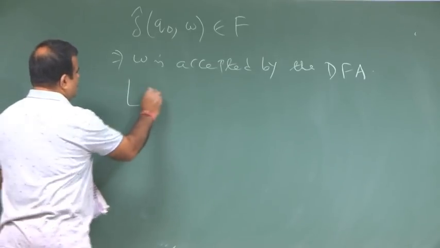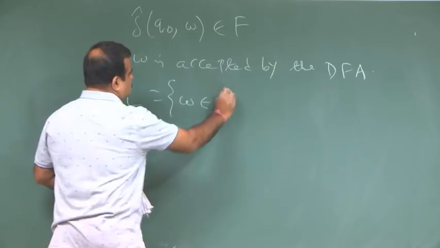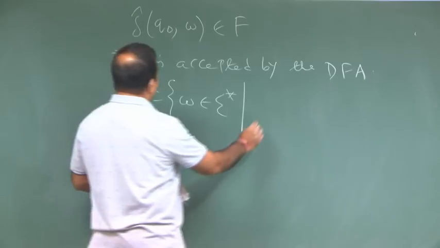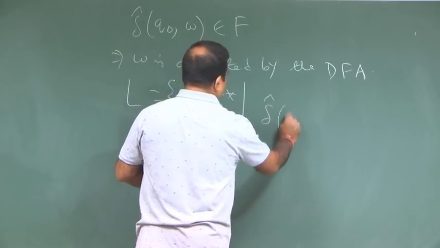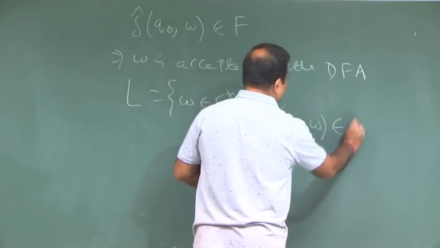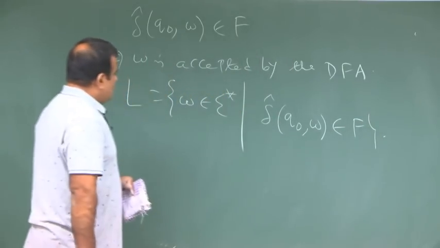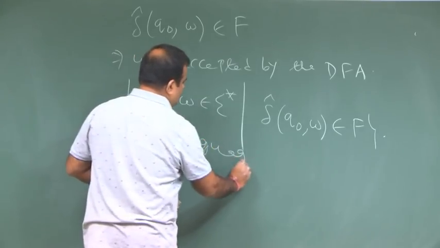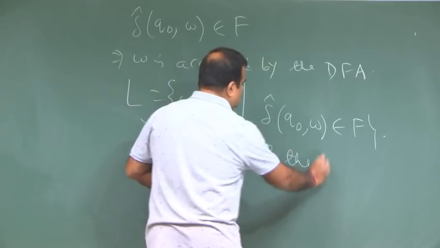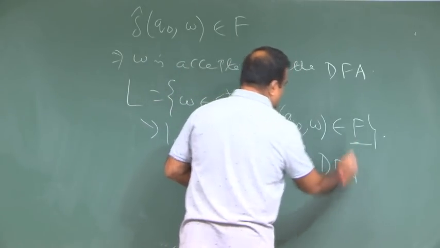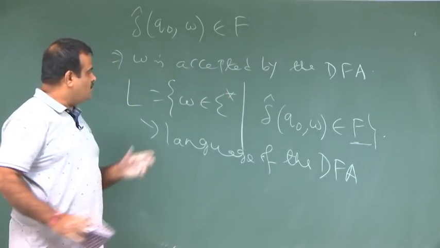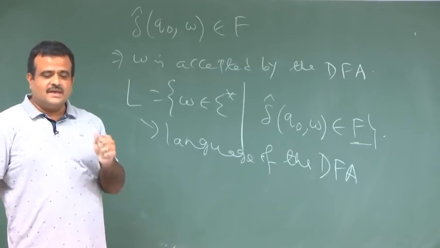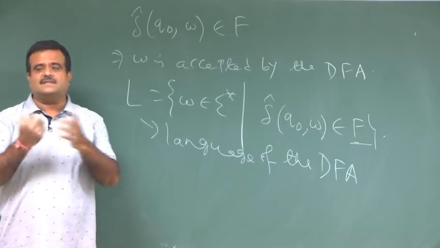This is the set of all strings such that delta hat of q0 w belongs to F. This consists of all possible strings which are accepted, which take us to the accepted state.